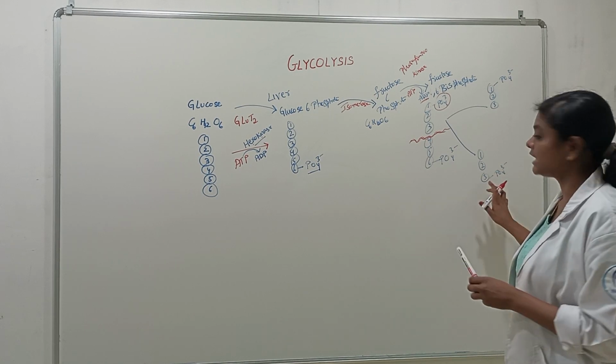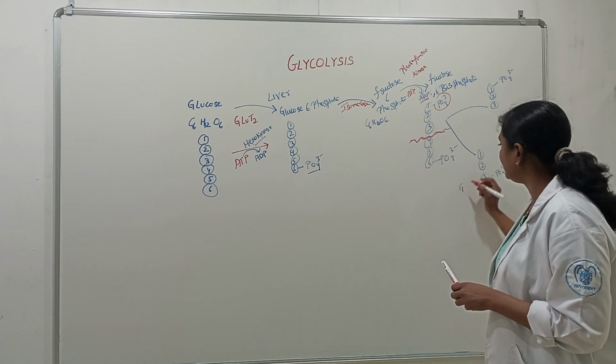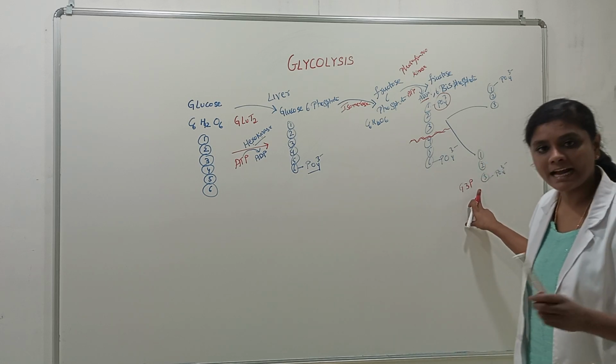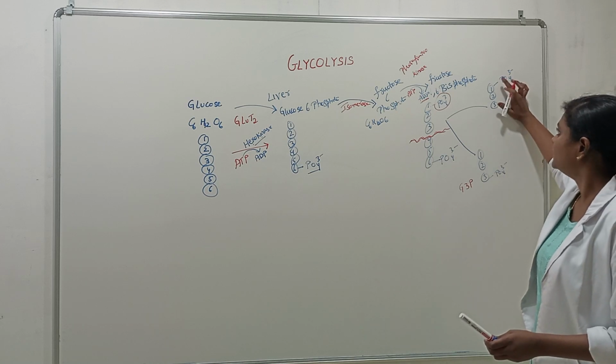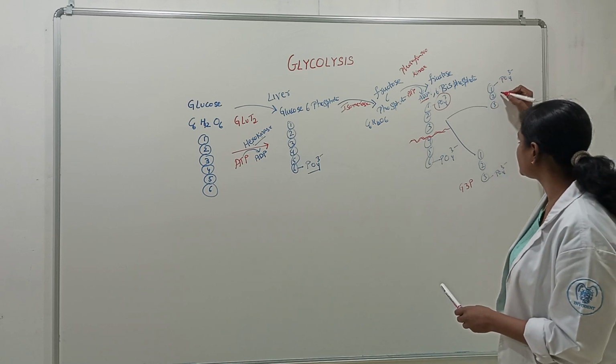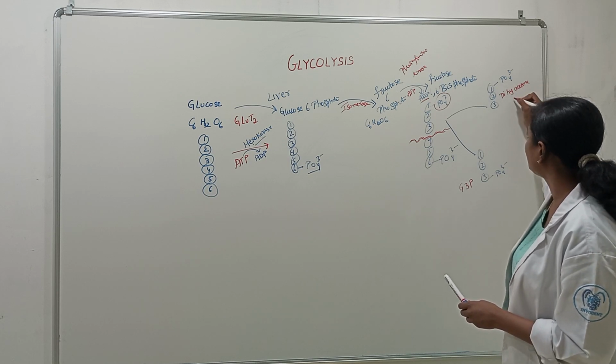Now, the 3 carbon atoms with the phosphate group on the third carbon is known as glyceraldehyde 3-phosphate. And the 3 carbon atoms with the first position phosphate group is known as dihydroxyacetone phosphate.